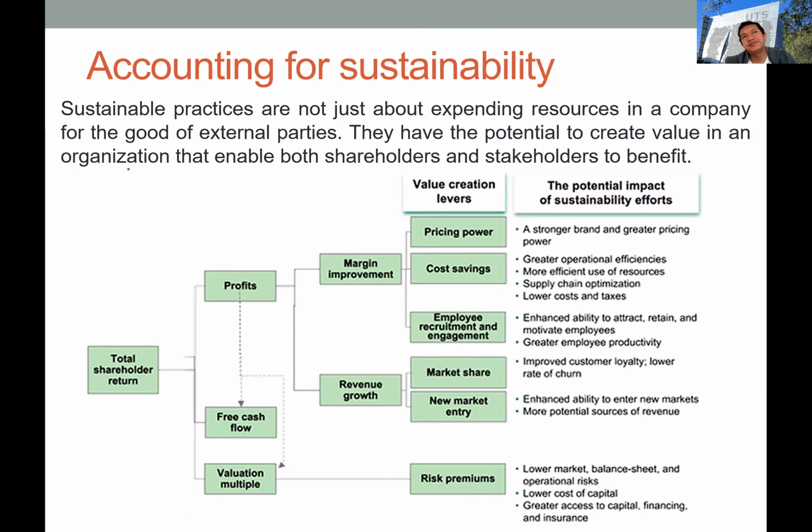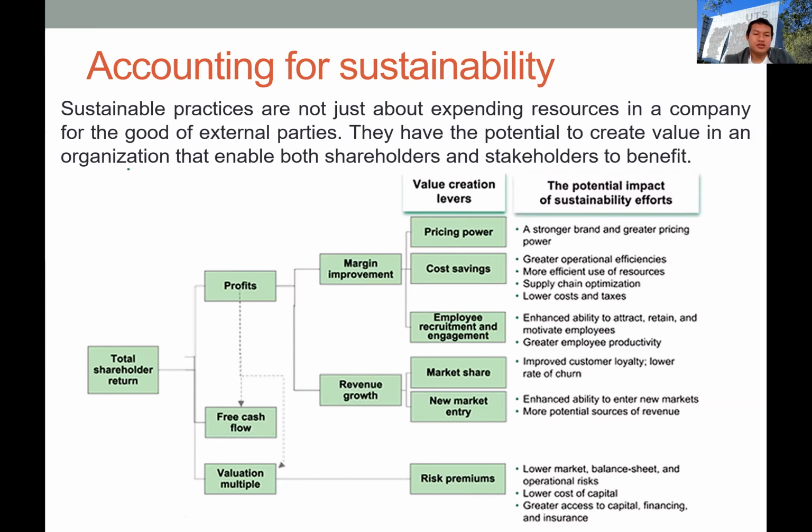There are also some banks that only want to give financing to sustainable projects, so we also have the green banking principles. Because this kind of company can access more financing resources, they can lower the cost of capital, and this affects their risk premiums, their valuation, and also the shareholders' return.